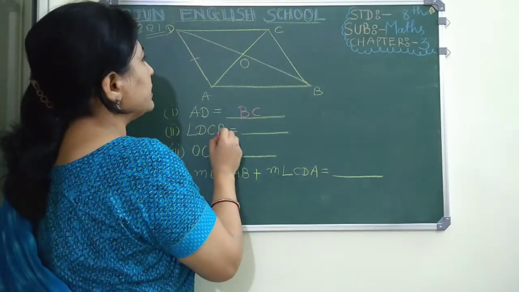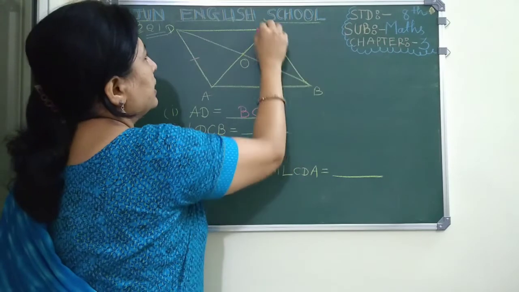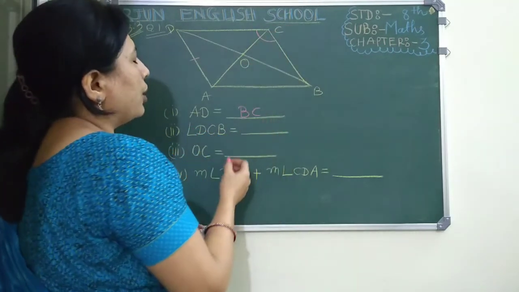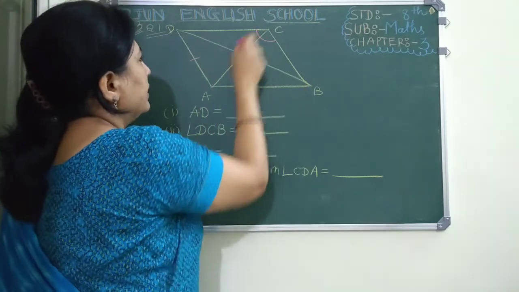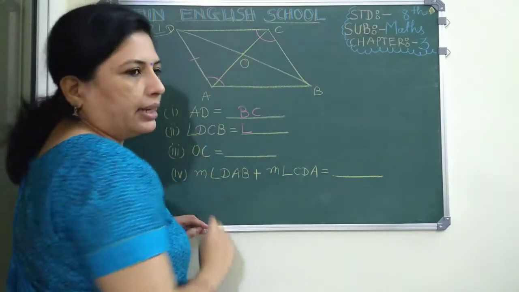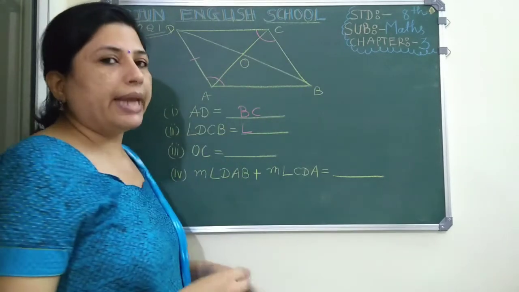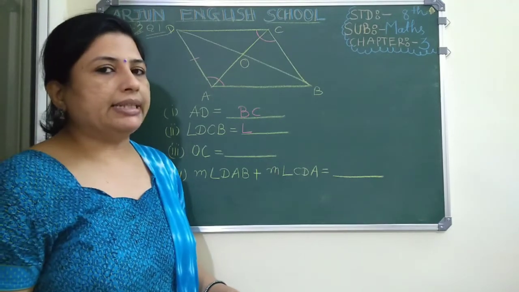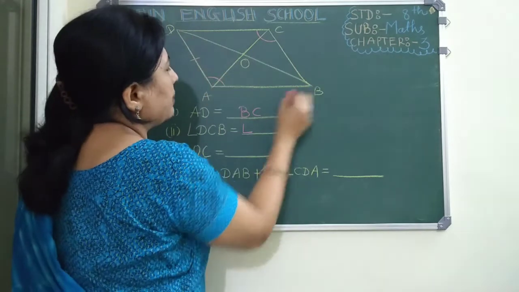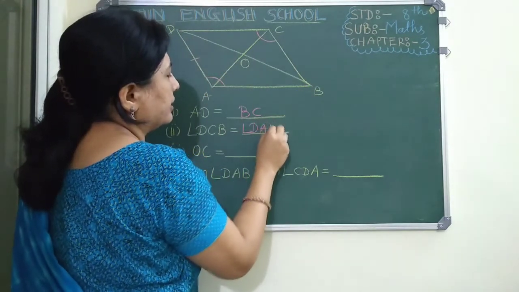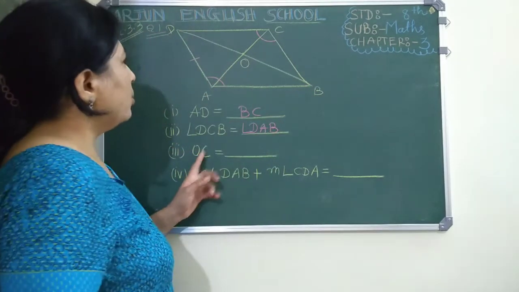Now angle DCB, this angle. So what we will write for this? Angle DAB, because this angle is the opposite angle, and opposite angles are equal for a parallelogram. So angle DAB is your answer. Now OC.